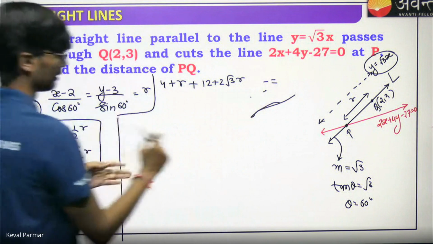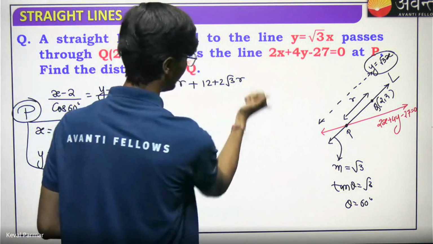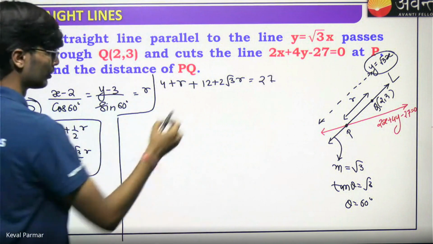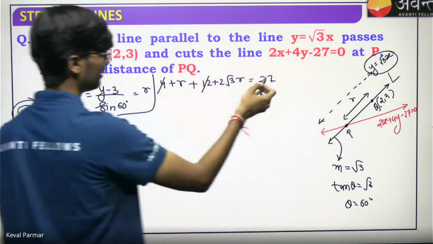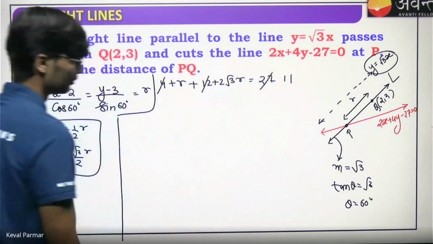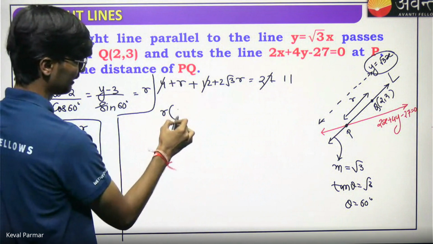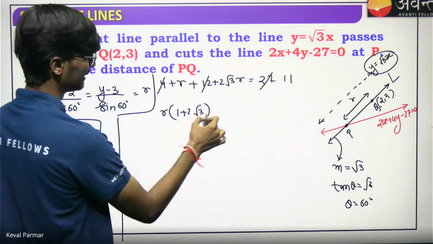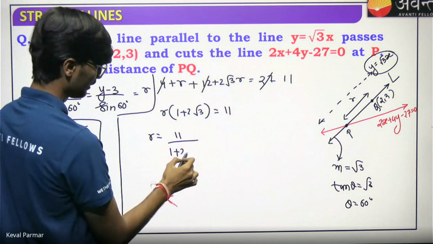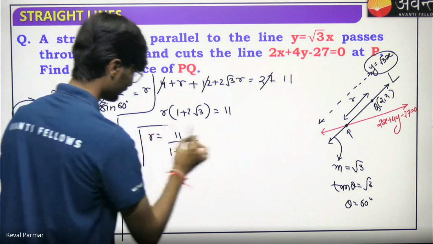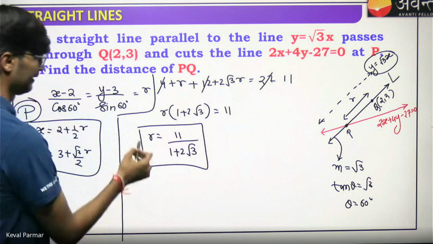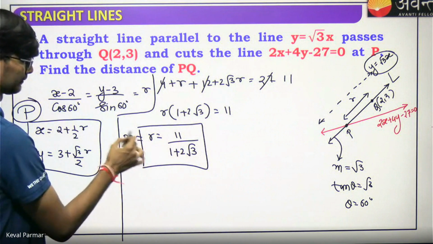Now 12 plus 4 is 16. 27 minus 16 is 11. So here I can take r common. I'll get (1 plus 2 root 3) r equals 11. So I'll get r equals 11 upon 1 plus 2 root 3. This is my answer. Correct? That is basically the PQ distance.